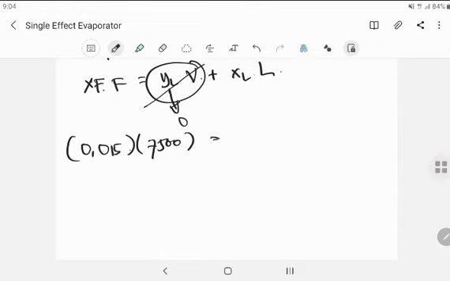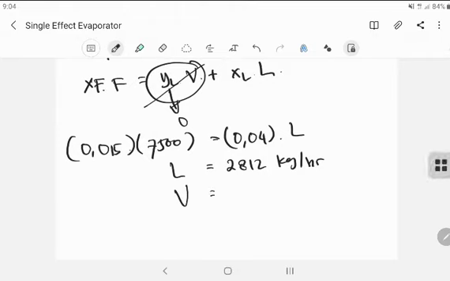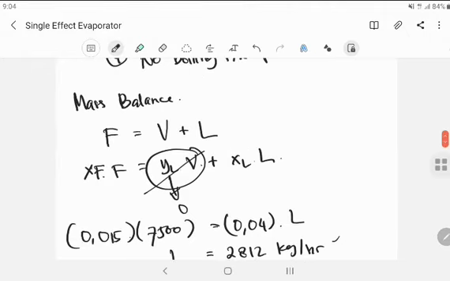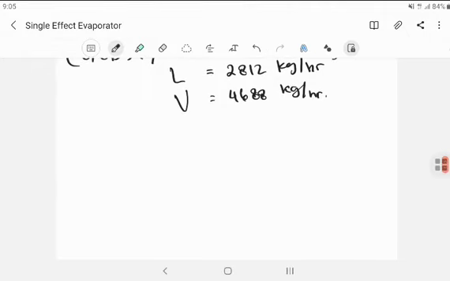It will be equal to 0.04 times L, and L itself we can find as 2,812 kg per hour, and V is 7,500 minus L, so the result will be 4,688 kilograms per hour. This is the mass balance of the evaporator.